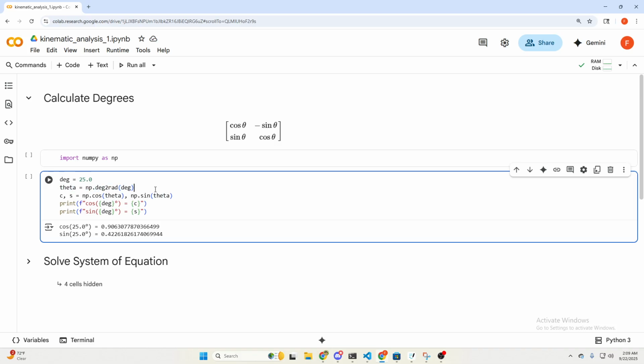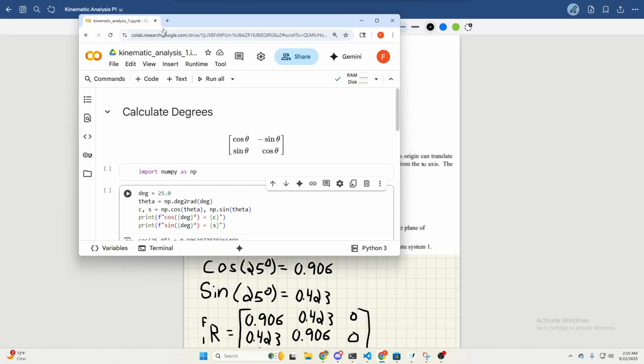So that's our theta. For simplicity's sake, let's call c the cosine of the 25 degrees and s the sine, and here are the values that we get. Cosine is about 0.906, and sine is about 0.423 if we round it to 3 digits, although it will be higher precision when we actually solve the equation.